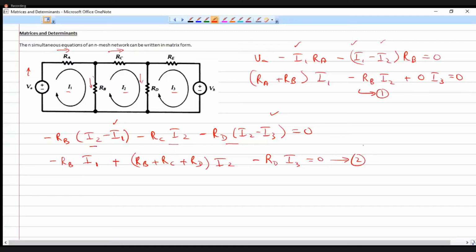This is the second equation. And I will use a different color for the third equation. I can start from here itself. So minus RD into (I3 minus I2), minus RE into I3, and we are traversing this voltage source from plus to minus, so it should be minus VP is equal to 0.